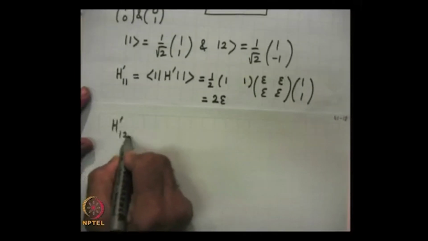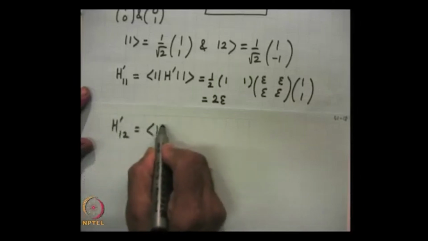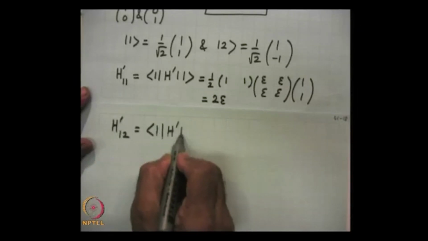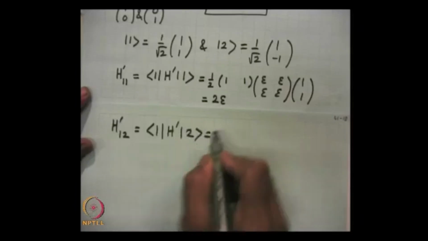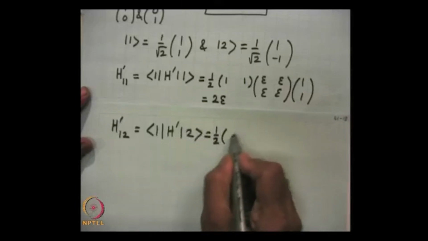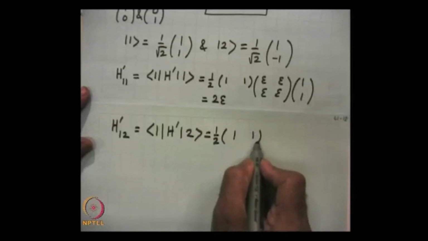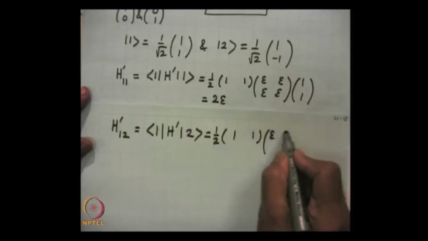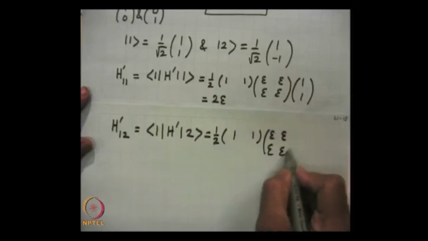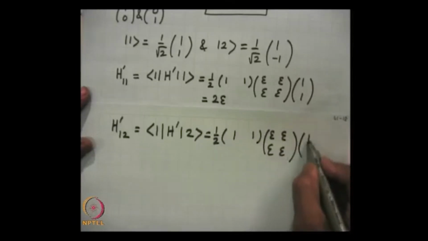Then let me calculate the other matrix elements. H prime 1 2 will be bra 1 H prime ket 2, and therefore this will be 1 by 2 times 1 1, epsilon epsilon epsilon epsilon, and 1 minus 1.